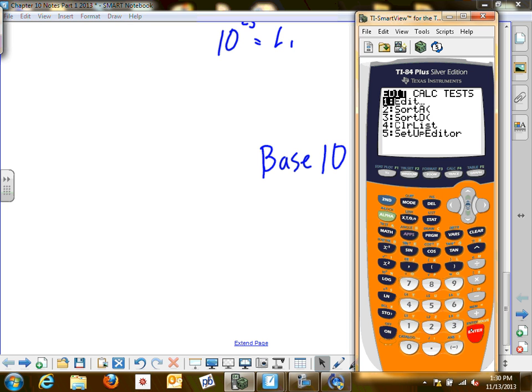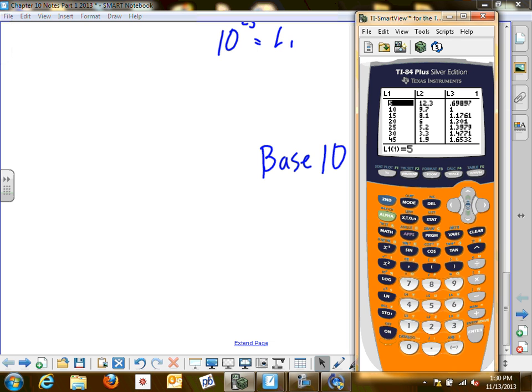All right, let's look at the next one. The next one has base 10 to the power of 1 gives you 10. Okay, let's do one more. You ready? Base 10 to the 1.1761 power gives you 15. Okay, so that's where that is coming from. Let me show you that one real quick. 10 to the 1.1761 power gives you 15.